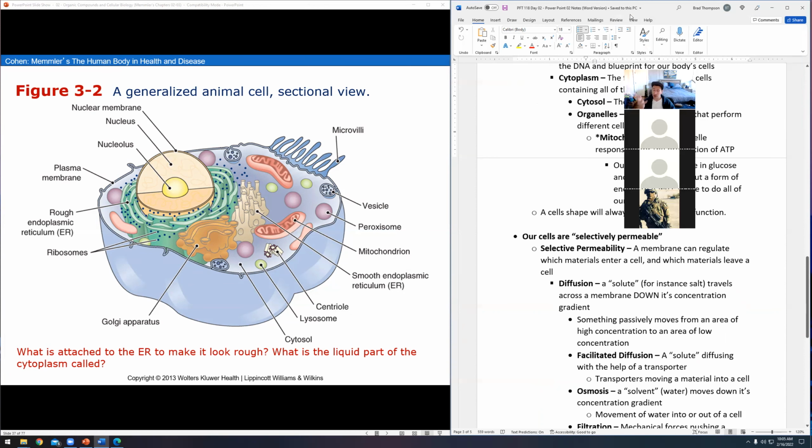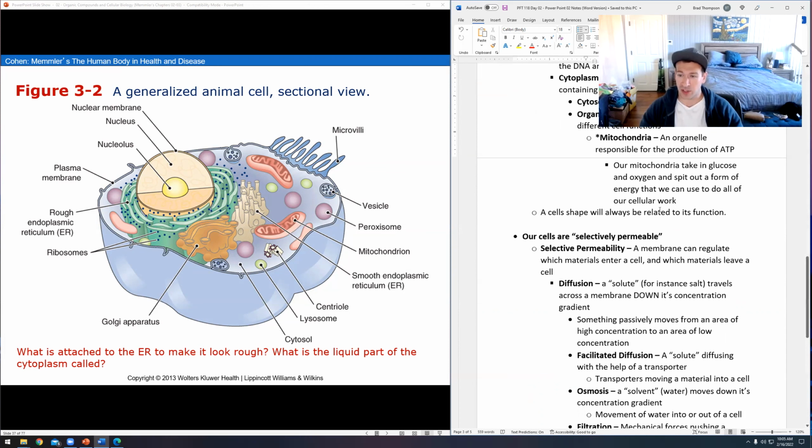Those of you who just got through our nutrition class know that glucose and carbohydrates go into the mitochondria, and it uses the byproducts of that to spit out a whole bunch of ATP, and ATP is actually our energy, right? So our mitochondria take in glucose and a whole bunch of oxygen and spit out energy, and we use that energy to do all of our work.